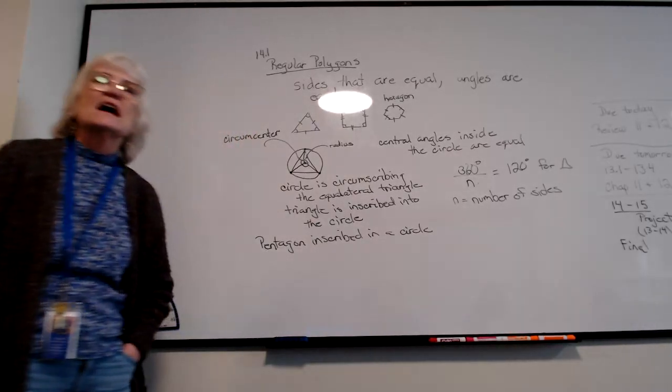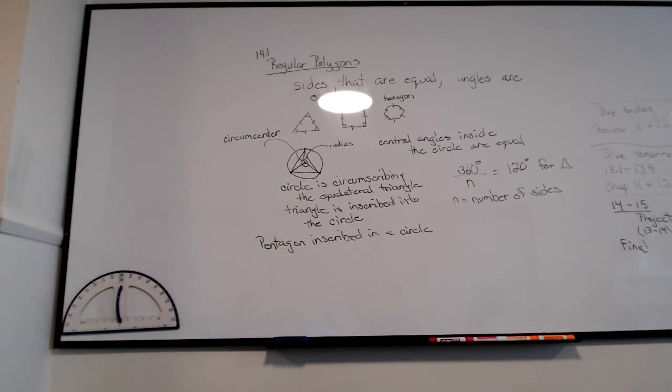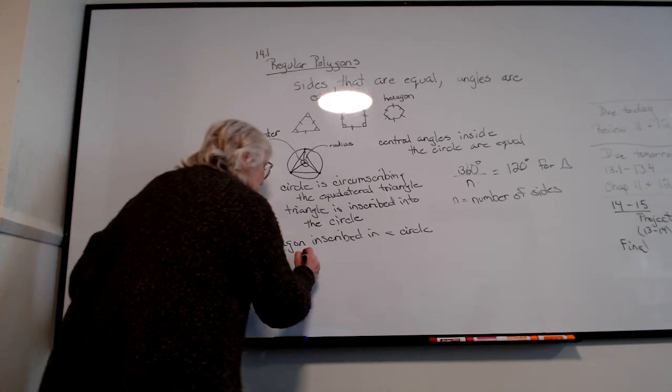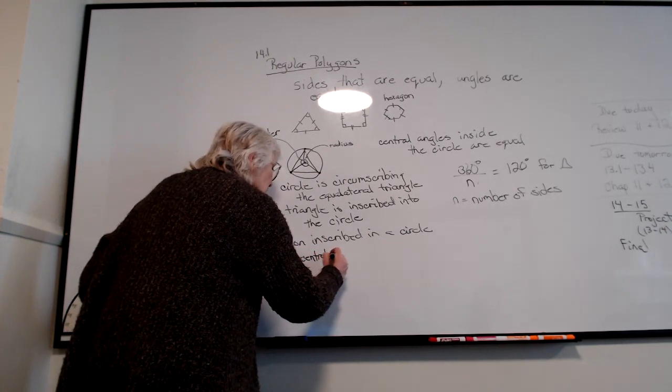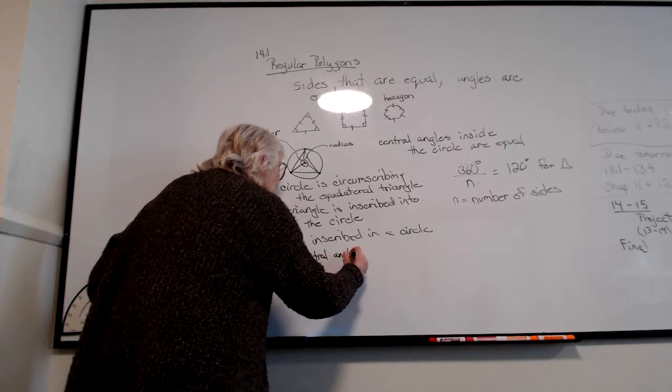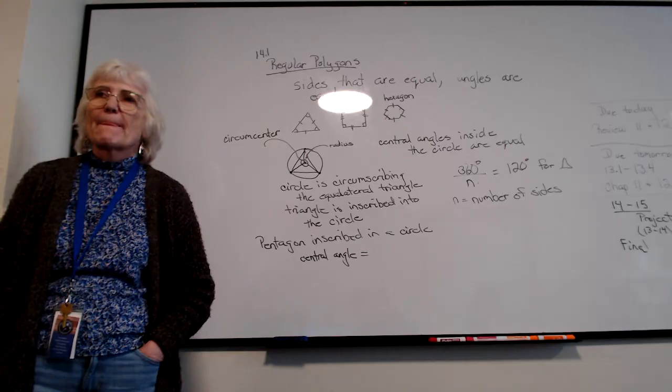Okay, what is the size of the central angle if I have a pentagon inscribed in a circle? What is the size of the central angle? It's 72.